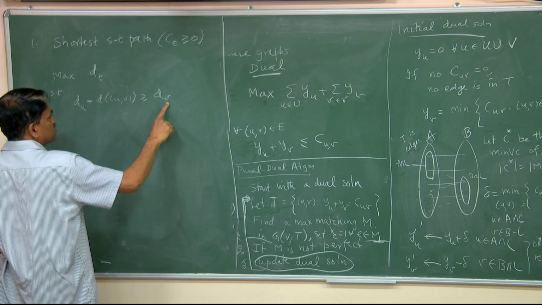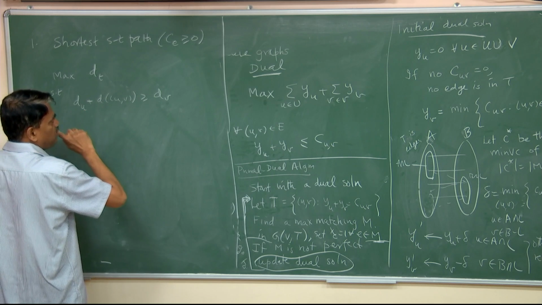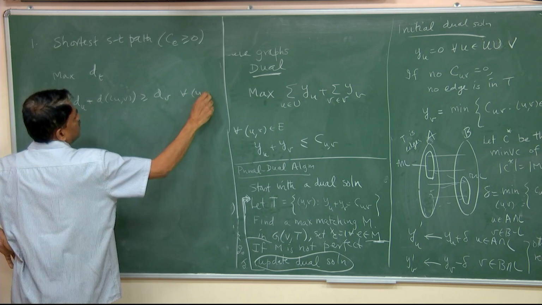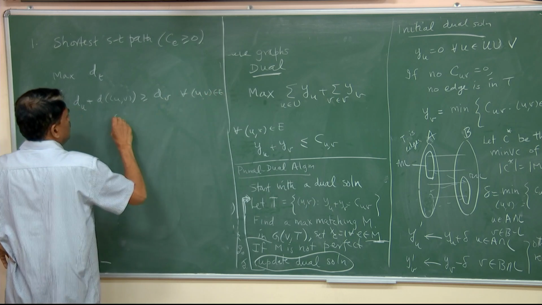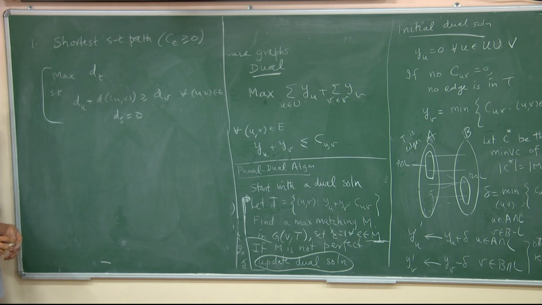The length of the shortest path from S to V is less than or equal to S to U plus distance UV. Yeah, I think you need non-negative for all UV, and DS is equal to 0. We argue that this is actually a proper LP modeling shortest path.